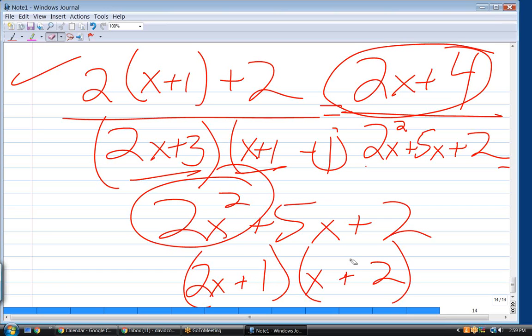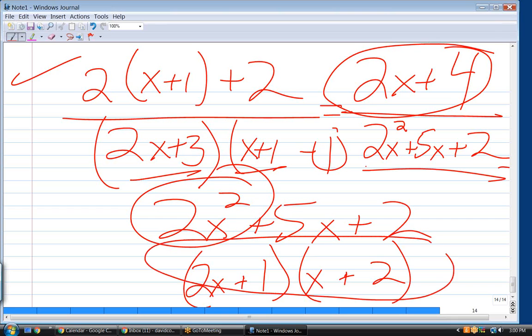However, there is another clue to use, and that is that we know we're going to end up with an x plus 2 in the numerator, right? Right. So we would expect one of those factors to be x plus 2. Okay. And that's a pretty good clue. If I know that one of the factors is x plus 2, then the other one has to be 2x plus 1. And then you see that that does indeed produce a middle term of 5x.